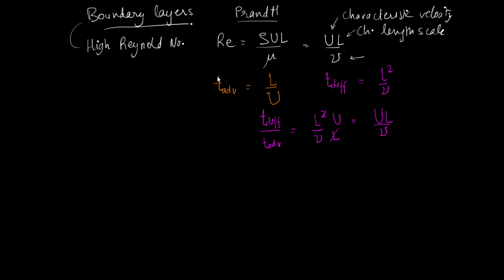There are various interpretations of the Reynolds number, and one such interpretation is the ratio of the time taken for momentum to diffuse to the time taken for advection.